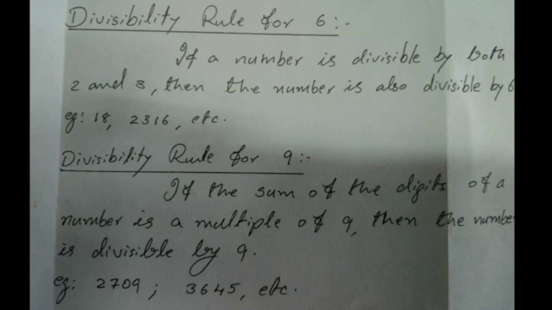Now the divisibility rule for 9. If the sum of the digits of a number is a multiple of 9, then the number is divisible by 9. Here are two examples. 2709: if you add 2 plus 7 is 9, plus 0 is 9, plus 9 is 18. 18 is a multiple of 9, so it is divisible by 9.